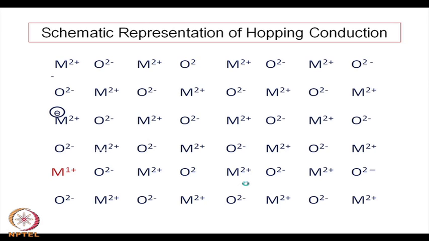In the process, this becomes M 2 plus and that becomes M plus, and then again it goes to another metal site and makes that one M plus, and then goes to another one; this becomes M 2 plus, that becomes M plus, and in this way it goes on.